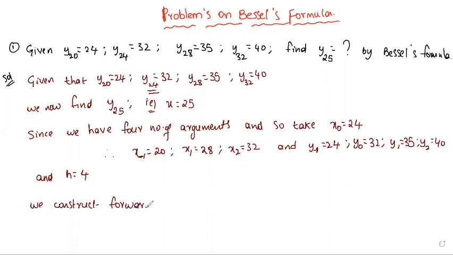Now we construct the forward difference table, that is x values, y values. Since 4 values are given, we write 3 differences: first difference, second difference, and the third difference.